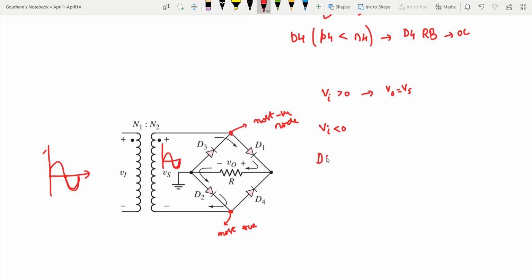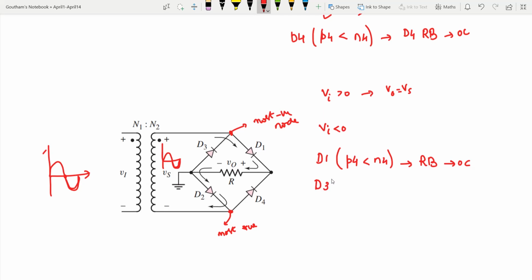Now let us start with diode D1. The P side of D1 is connected to the most negative node. That means of course P1 will be less than N1, so diode D1 will be reverse biased. That means it will be open circuited. Now let us go to D3.